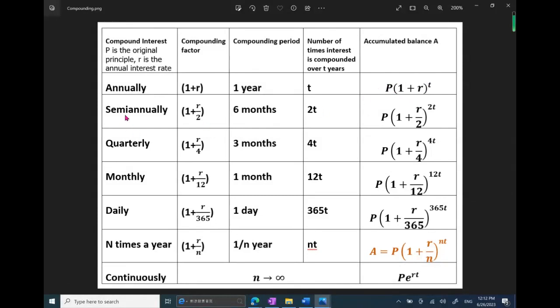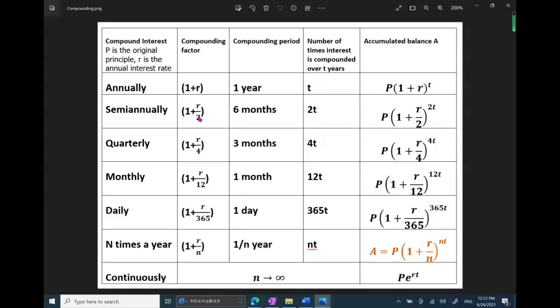In the case that the interest is compounded semi-annually, twice a year, your compounding factor is different. It's still 1 plus interest rate. However, since your interest is compounded semi-annually, the interest rate here is not an annual interest rate anymore. It's the semi-annual interest rate. It is the annual interest rate divided by 2.